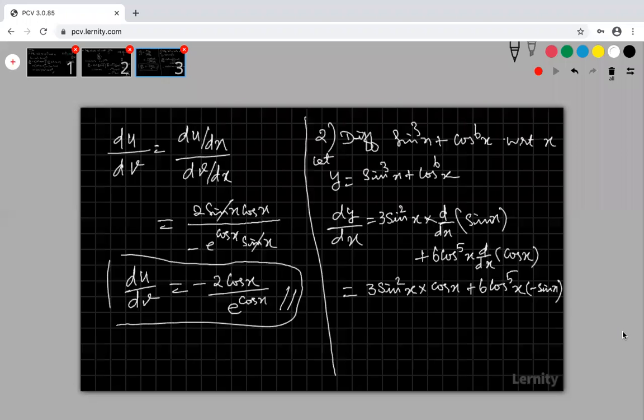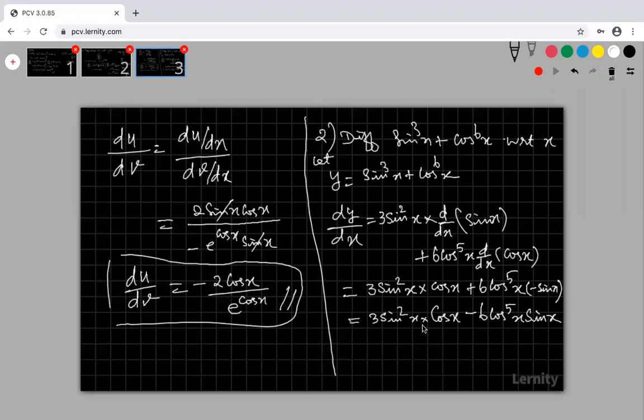Are you clear? First term is 3 sin square x, and the derivative of sin x is cos x. Second term is 6 cos power 5x, and the derivative of cos x is minus sin x. So this is 3 sin square x into cos x minus 6 cos power 5x into sin x. That's all, this is the answer.